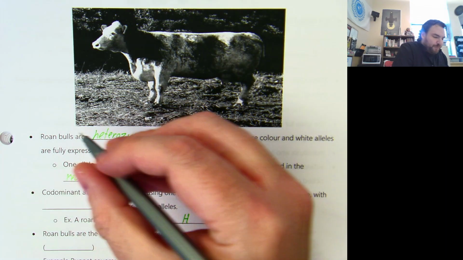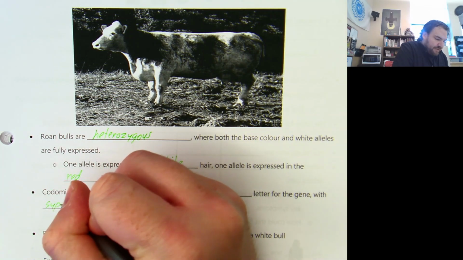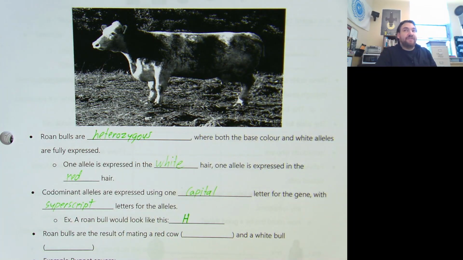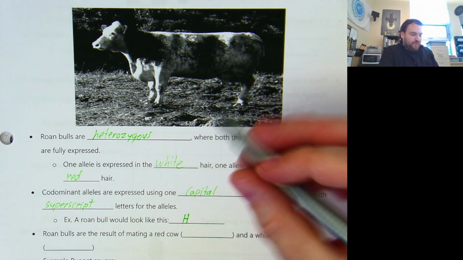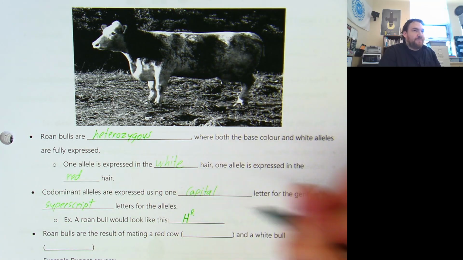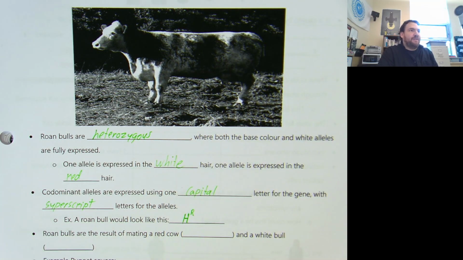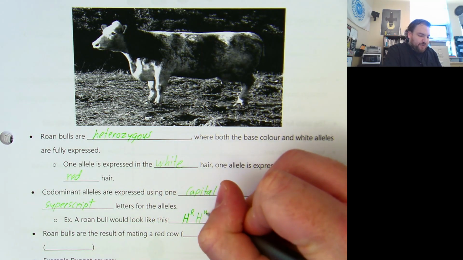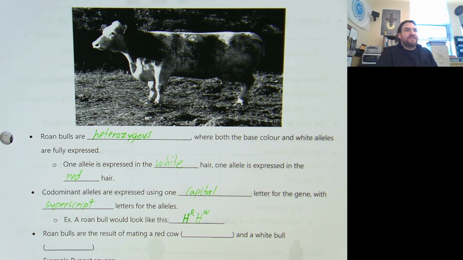And we use a superscript letter for the alleles. Red and white are both dominant hair color, so we use H to signify that it is in fact dominant. And we're going to use a superscript, which just means you write it like an exponent: a superscript R, and another dominant H with a superscript W for white. This is how we denote that both of those traits have shown up, and both of them are allowed to be fully expressed.